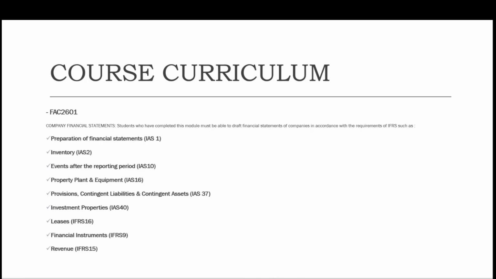As the topics are covered, they give you a question. So for instance, if we do property, plant and equipment, all the questions under that module will be related to property, plant and equipment. Then when you are done with everything, there is a big comprehensive question which will test you on everything.